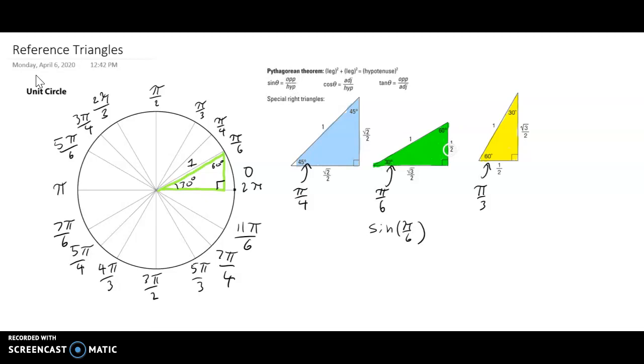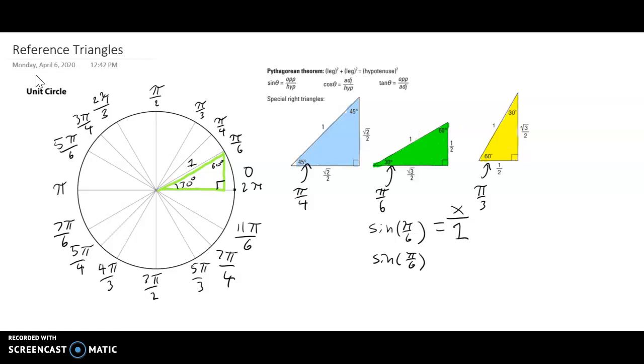The opposite side from this angle, we know it's 1/2, but I'm showing you why it's 1/2. So we're going to say that that's x. That's what we're solving for. And that's going to be over the hypotenuse, which we know is 1. So in other words, sine of pi over 6 is simply whatever the opposite side of this triangle is. And that's always going to be true because the hypotenuse is 1.